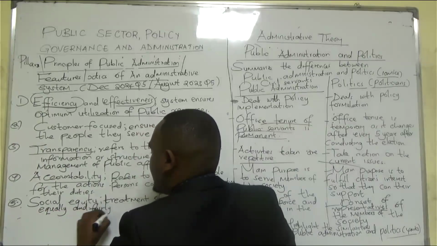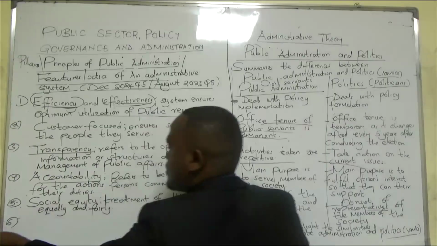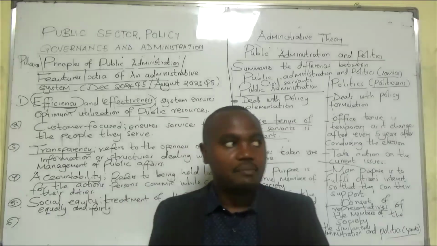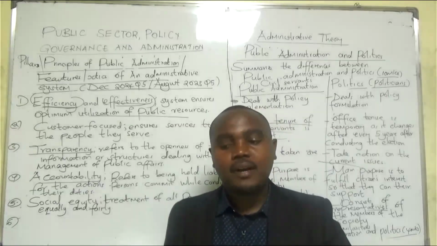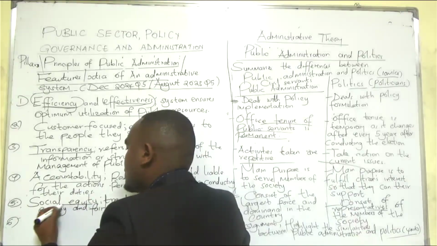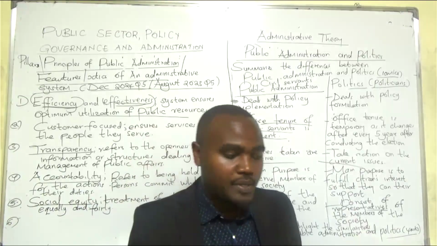In other words, there should be no discrimination. So you use the word non-discrimination. One of the primary features of an administrative system is that there must be non-discrimination, because it is promoting some aspects of equity.